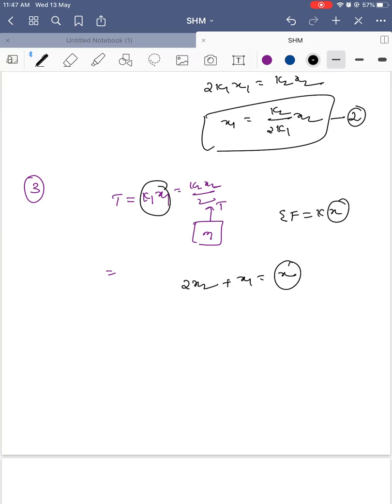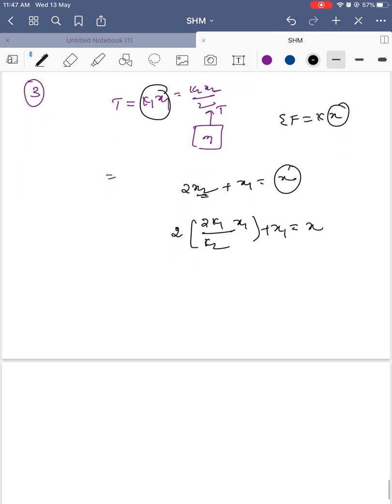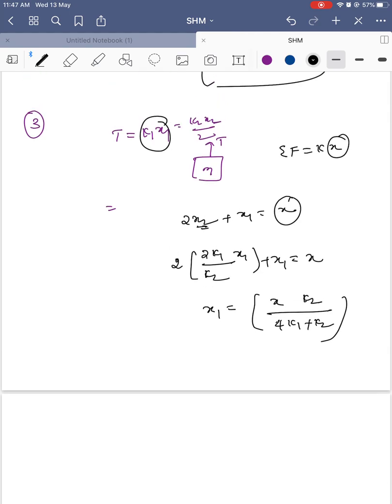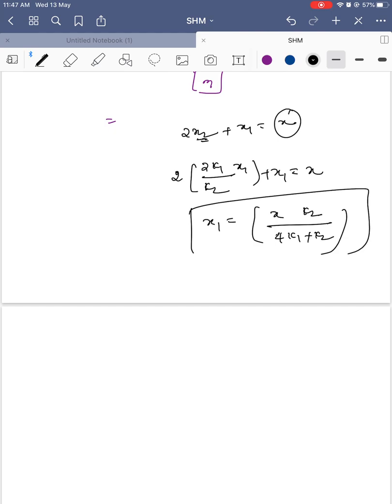So I should replace x2 with x1: 2 into x2 is equal to 2 k1 by k2 into x1, plus x1 is equal to x. So if it goes to the other side, x1 is equal to x into k2 by 4 k1 plus k2. So we got x1.